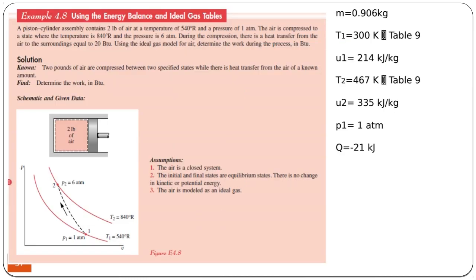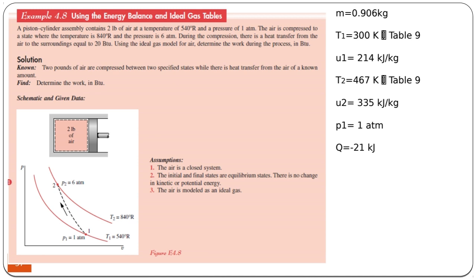An example of using the gas tables. So we have a piston cylinder system shown here. In the piston cylinder system, there is 0.9 kilograms of air. Initially, it was at 300 Kelvin, and it's compressed to 6 atmospheres, so that the final temperature becomes 467. Initially it was at 1 atmosphere.